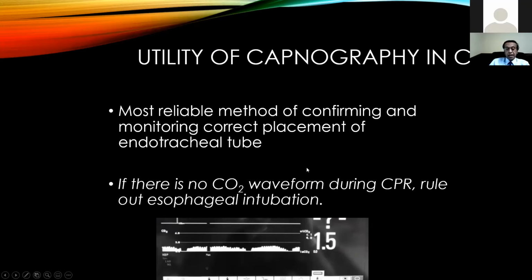As I said, 2 liters of cardiac output should generally produce CO2 waveforms of 20 millimeters of mercury, and 2 liters is the normal cardiac output expected during CPR.